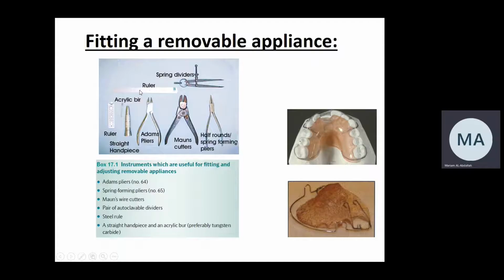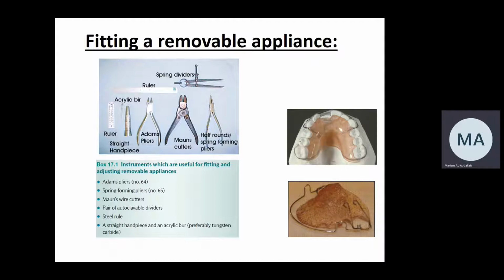I need a ruler and a divider in order to measure references, distances, etc., to make sure that I have a good baseline data. And of course, I can use a straight hand piece with an acrylic bur in case I needed to adjust or modify the acrylic. For example, if I discovered that the acrylic is in the way of tooth movement, in the path of tooth movement, there is an excess acrylic, then I need to trim it.